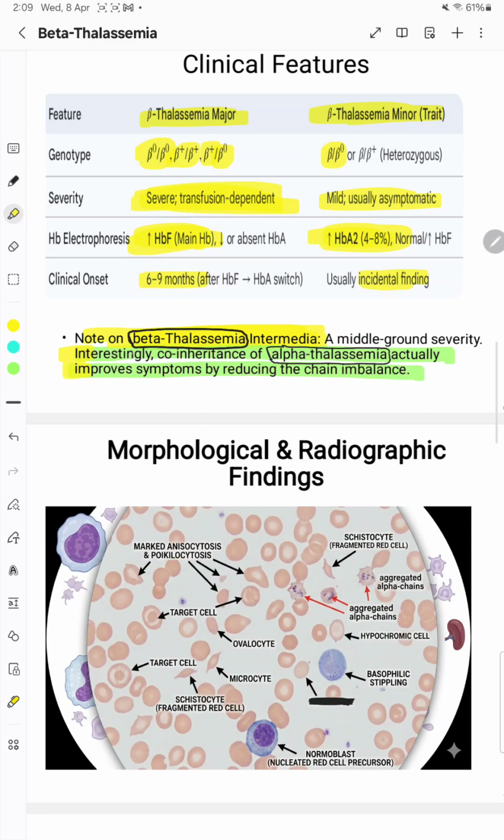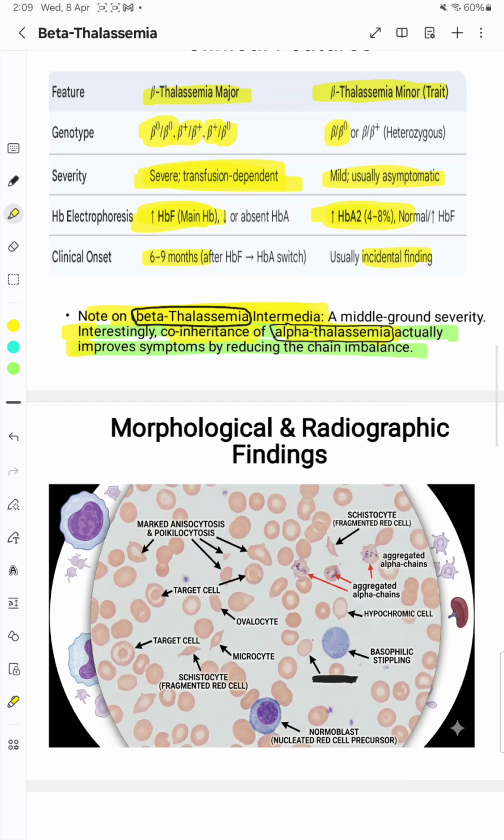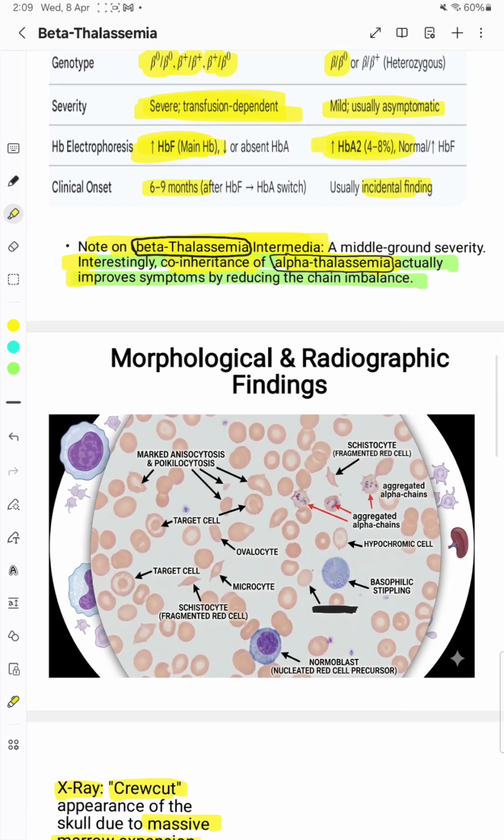Interestingly, if the co-inheritance of alpha thalassemia is present with beta thalassemia, this improves the symptoms by reducing the chain imbalance. Beta decrease, alpha decrease, so there are no or low alpha aggregates, so there is no damage to the RBC membrane.